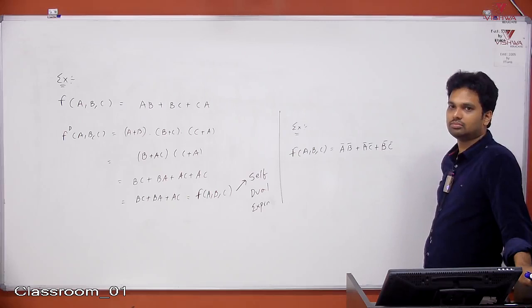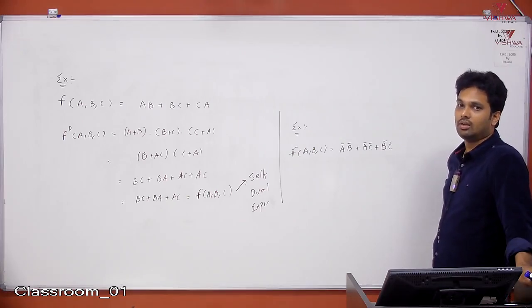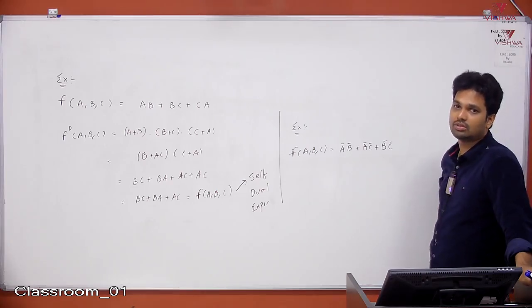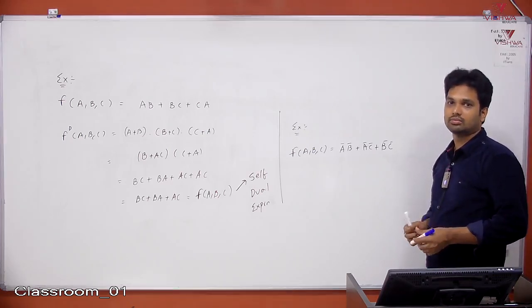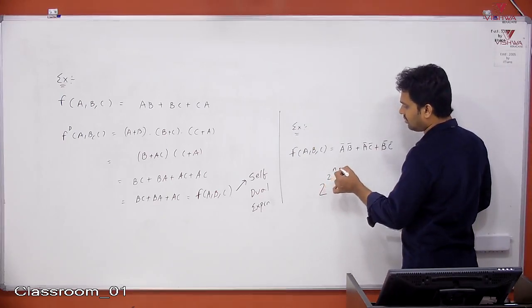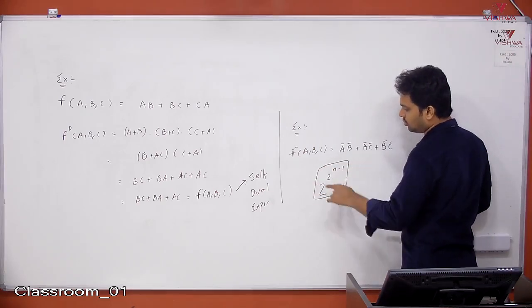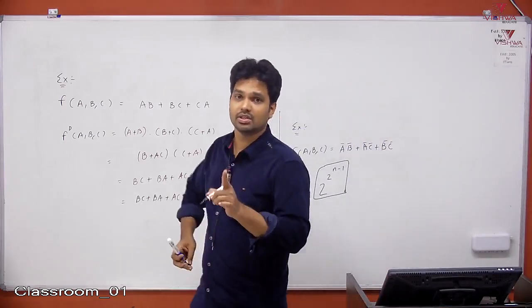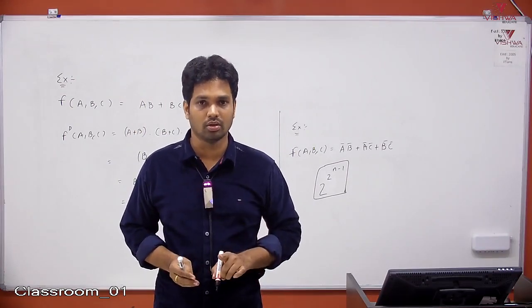Make a note. With n variables, there are 2 power n minus 1 self-dual expressions possible.